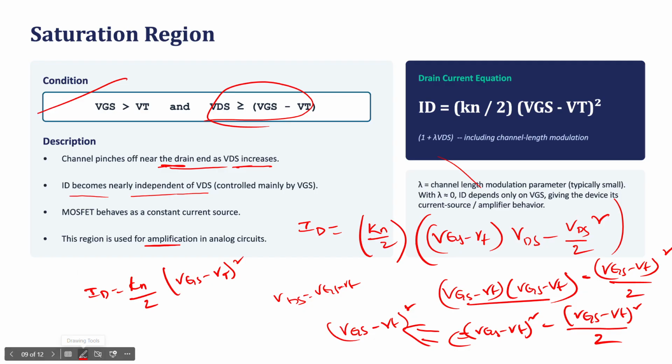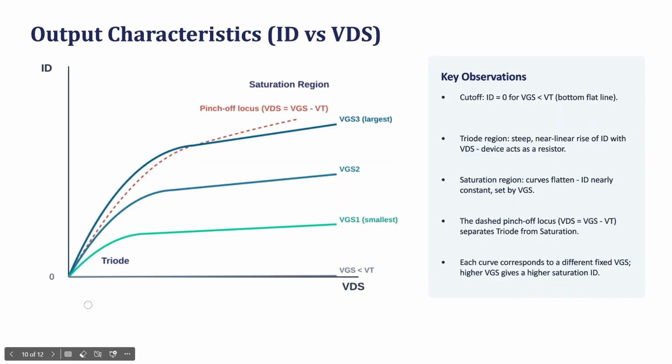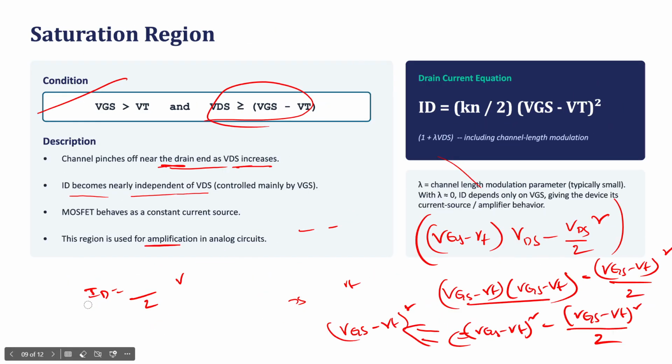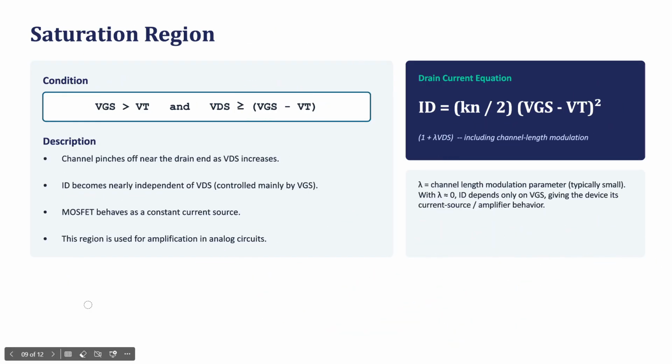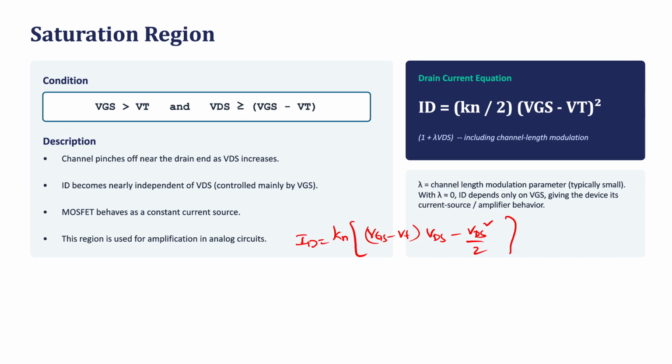I will explain this once more, as it was a little bit clumsy. I will erase everything. Consider the same equation: ID is equal to Kn (VGS minus VT) into VDS minus VDS whole square by 2.